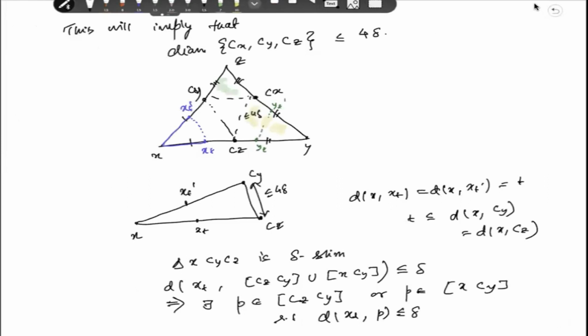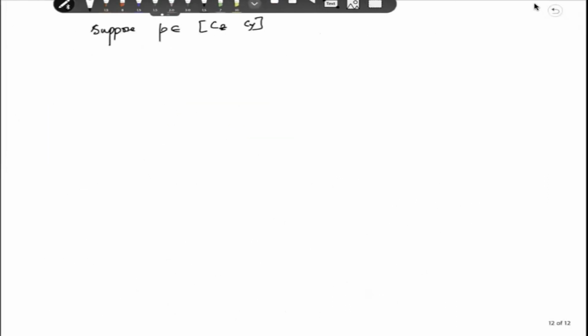Therefore the distance between xt and Cy will be less than or equal to 5 delta.